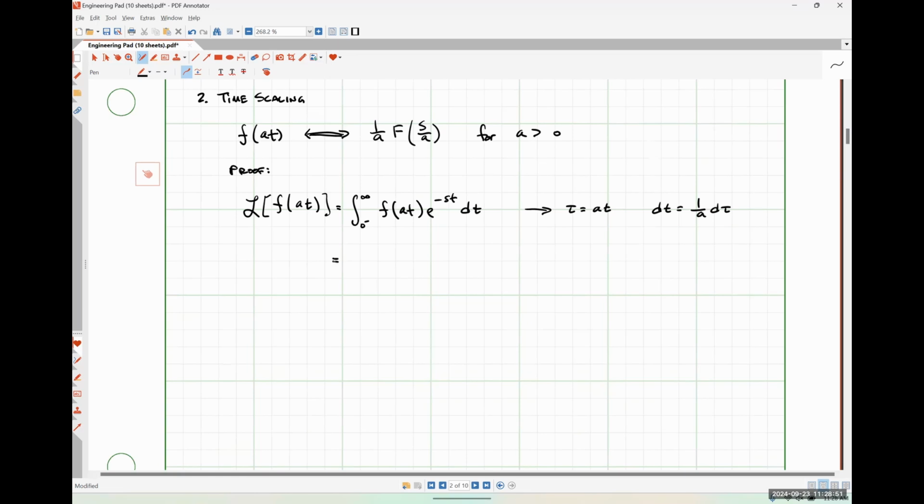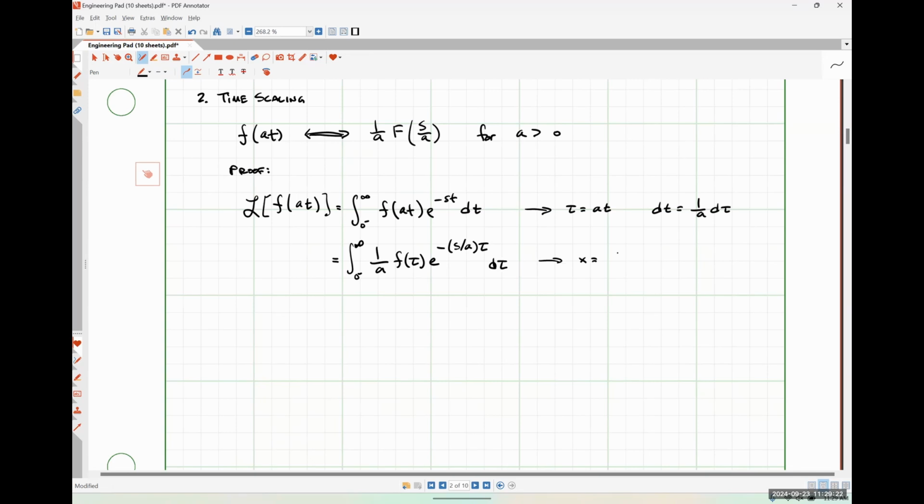And so that's going to give me the integral from 0 minus to infinity of 1 over a f of tau e to the negative s over a times tau d tau.